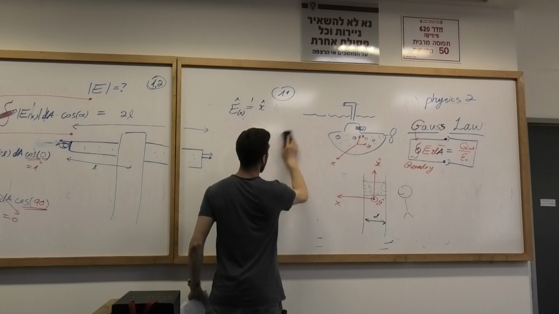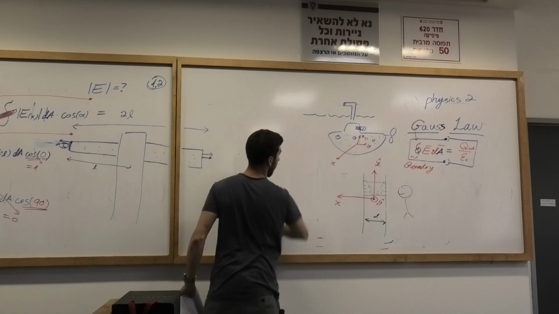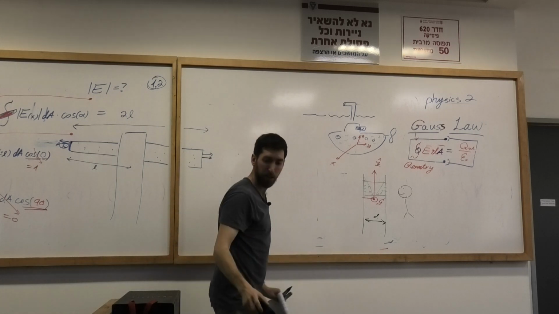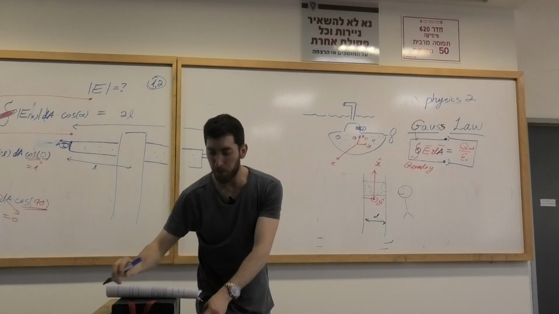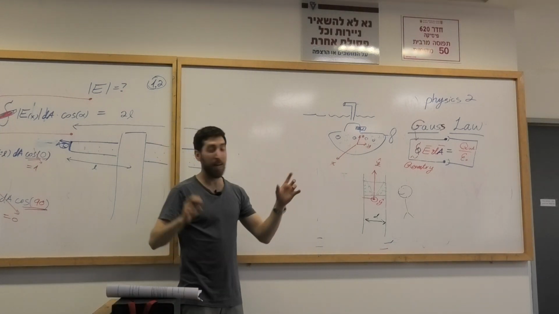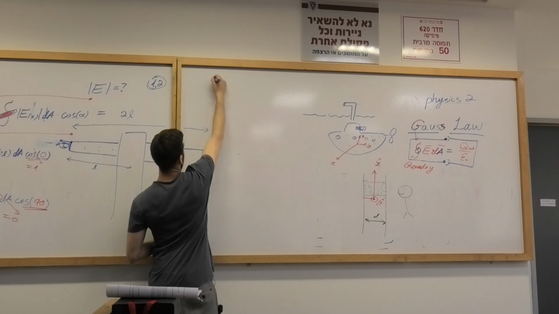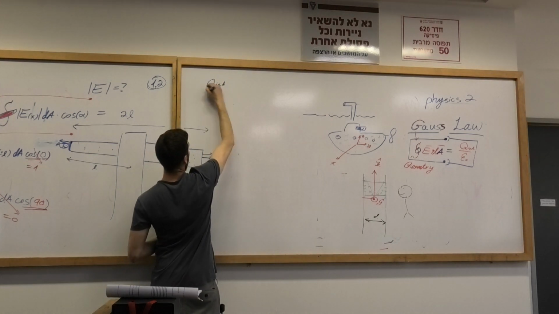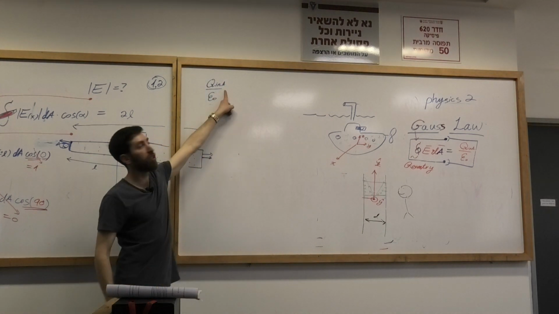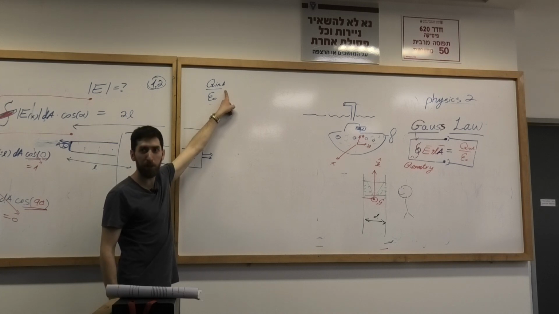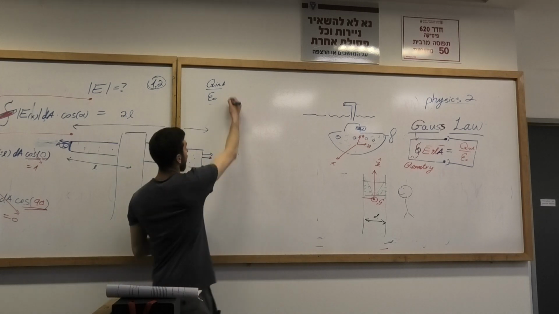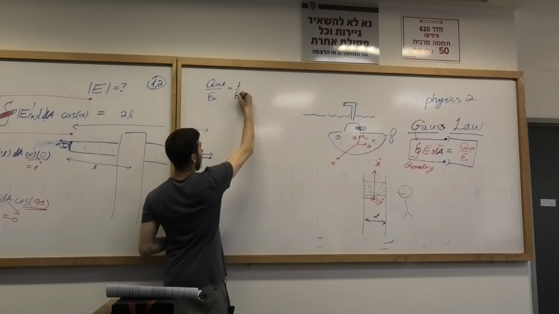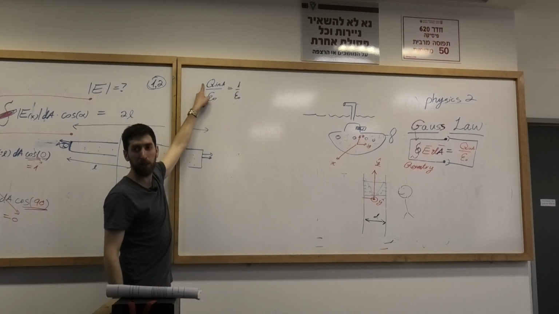Now we want to calculate the charge. We made up this area, and Gauss's law asks us, okay, you have an area, I want to know what is the charge inside this area that you had in mind. So this is just a constant. And how can we find the total charge?